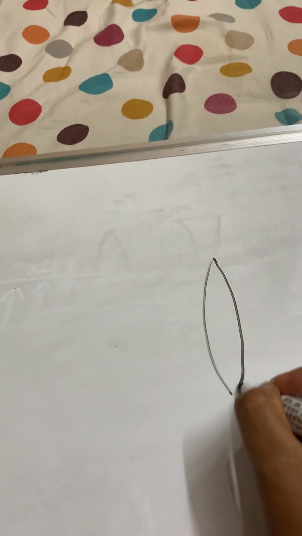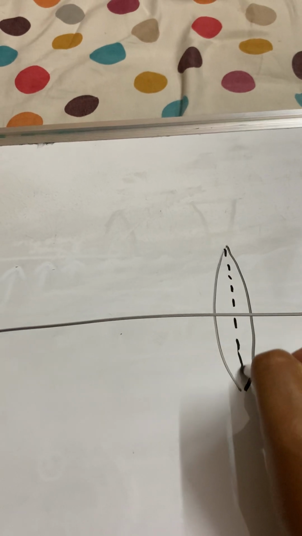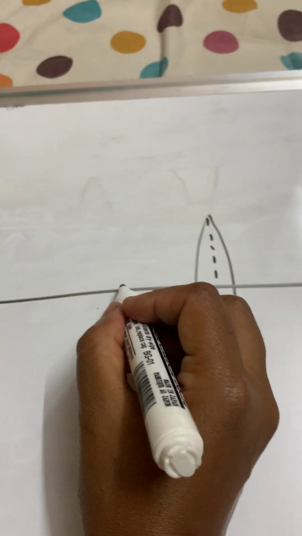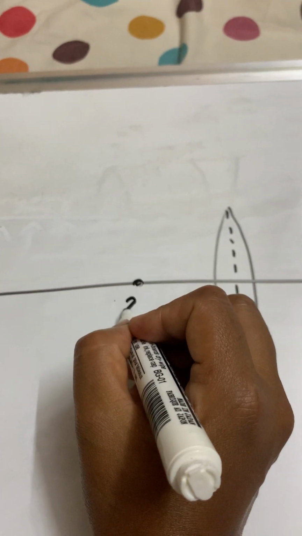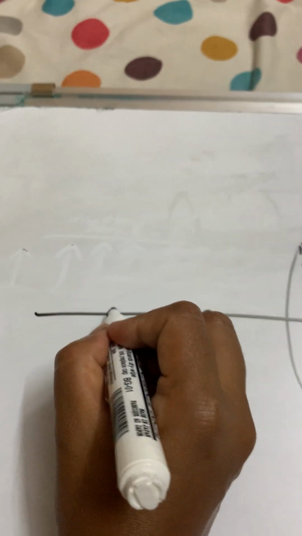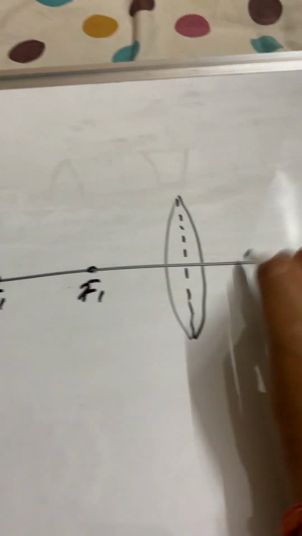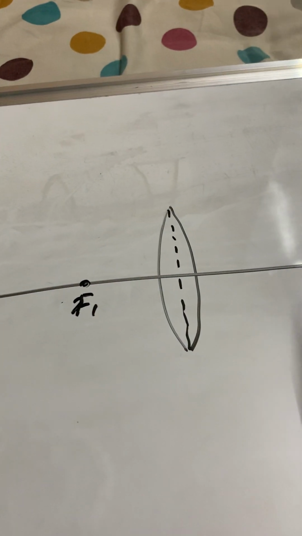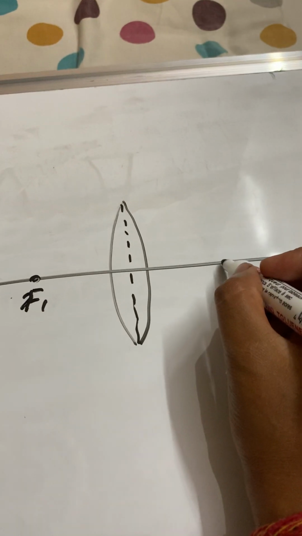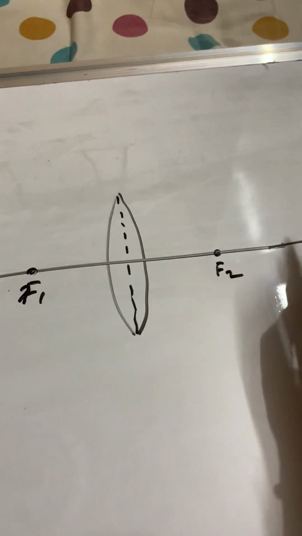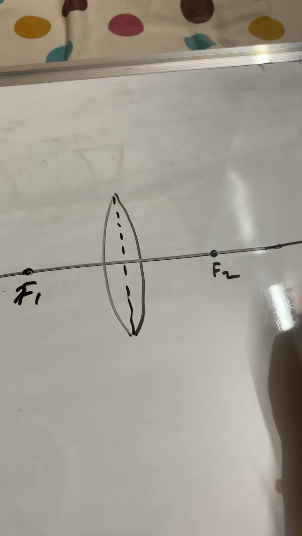Let me keep the convex lens. I'll tell you the trick also while making it. So this is F1, let me call 2F1, they have to be equal. Students, be careful while making it. Then this is 2F2.